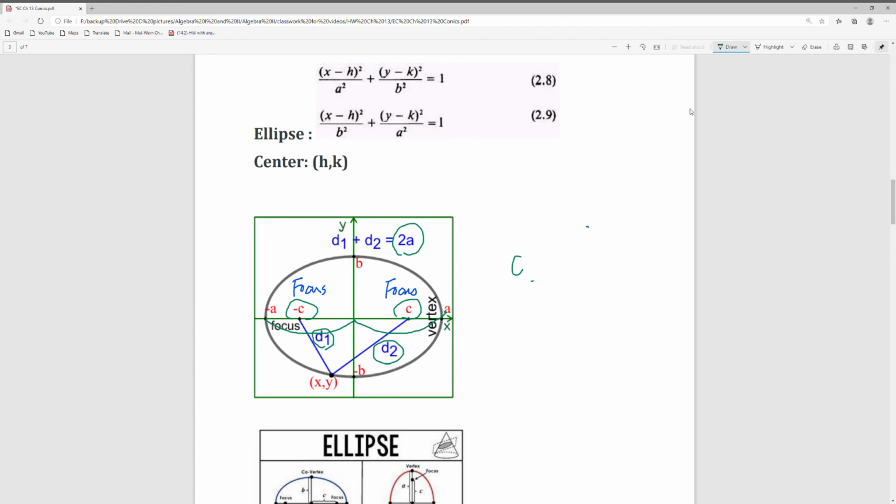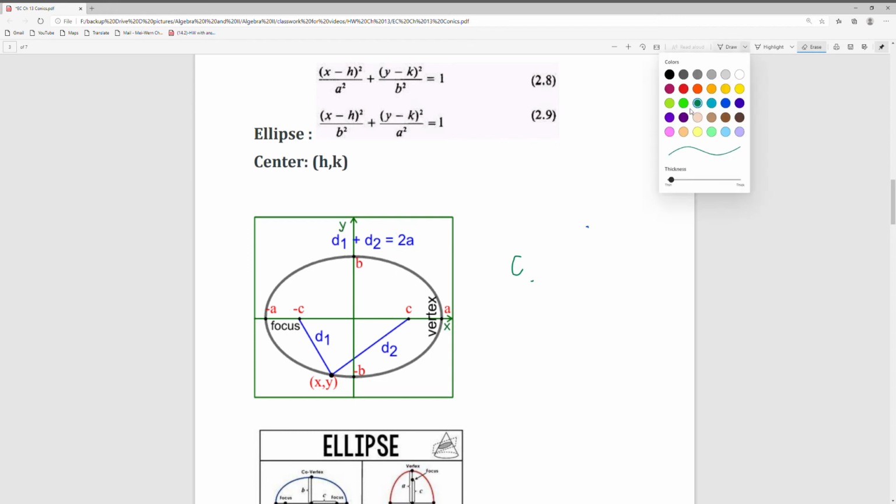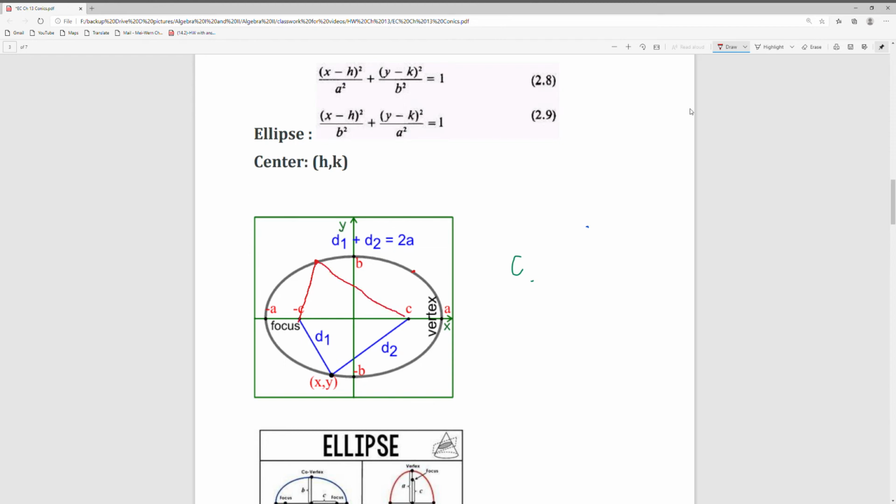So in other words, let me erase all the marks here and show you the real definition for the ellipse, which is any point on the ellipse. If you connect this point with the left-hand side focus and the right-hand side focus, it will create two distances. And these two distances added together are a constant number.